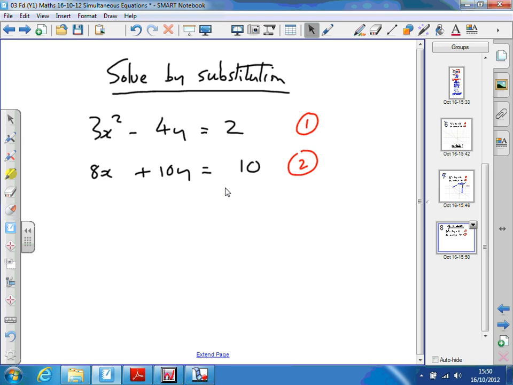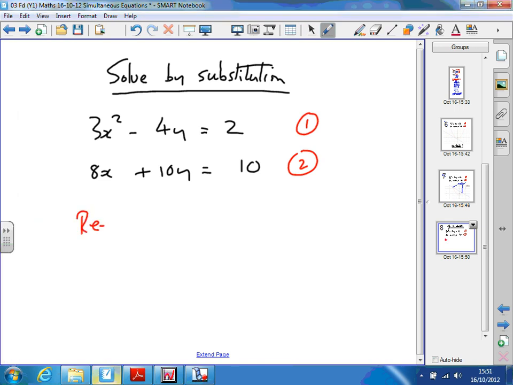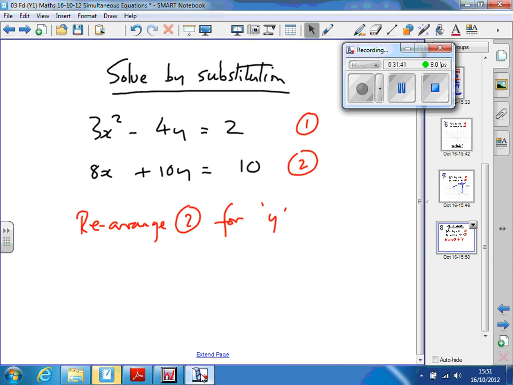Or equation 2 — actually, look at that one. It's plus 10y, so let's rearrange 2 for y, because that looks like the easiest one to do. I want it to read y equals something. Have a go. So y equals 10 minus 8x, all divided by 10. Now substitute this into equation 1 and solve.